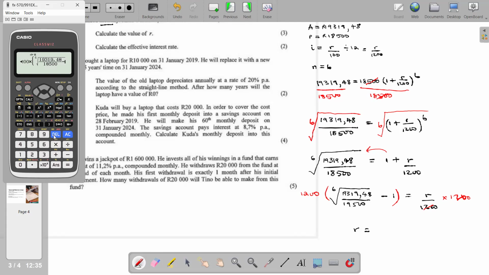Sorry, the minus 1 is not under the root sign.